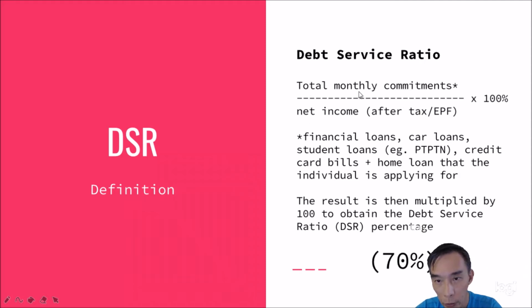So what are the monthly commitments they will put in? All these: car loan, student loan, credit card bills, home loan. That means if you are applying for a new housing loan, they will add in the new loan commitment here.